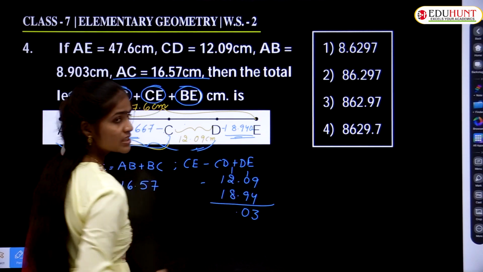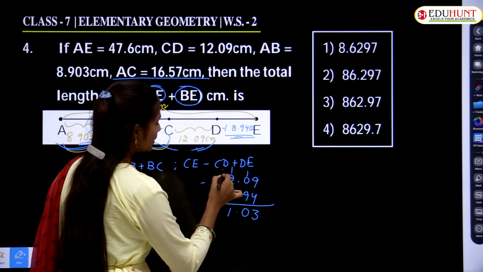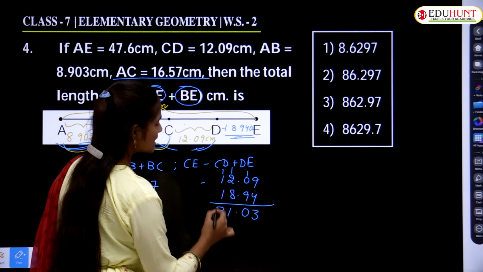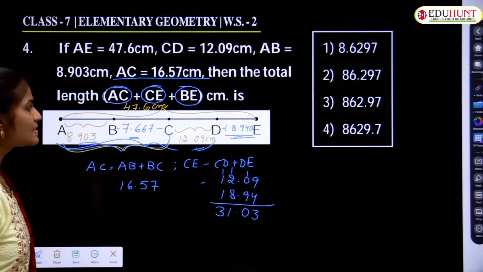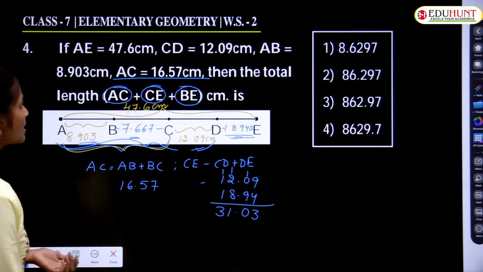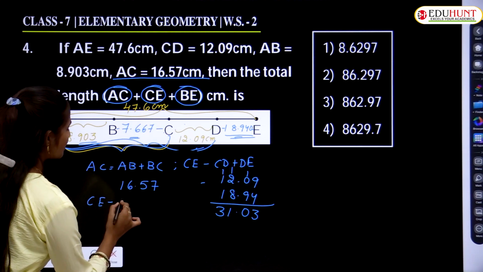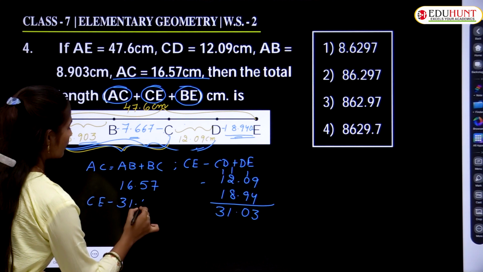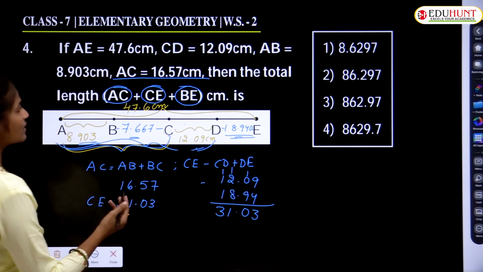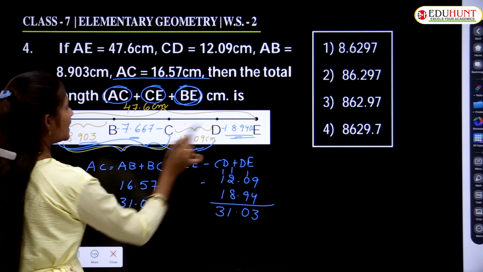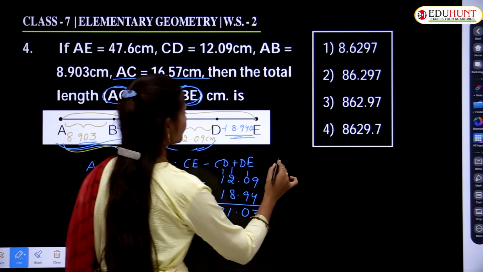And here 8 plus 2 is 10, 10 plus 1 is 11. So 1 plus 1 plus 1, which is equal to 31.03. Okay, that is the measurement of CE. Next, BE measurement.